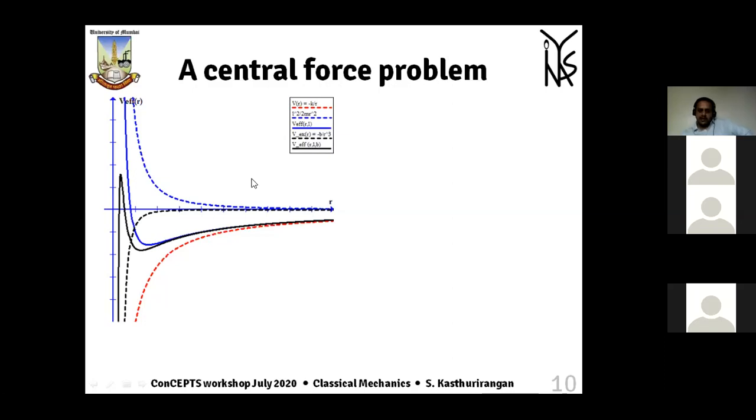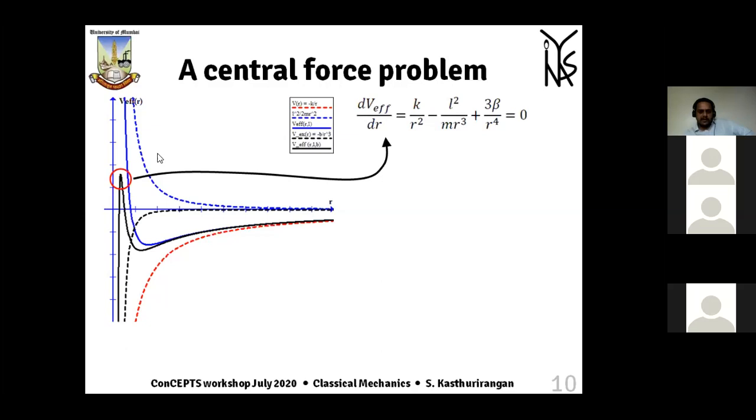Now coming to this particular problem in detail, what we have done is that we want to locate the peak of this particular part, this point. For that, we take the derivative of the potential energy and we arrive at a condition on 1 by r where it will have maxima or minima.